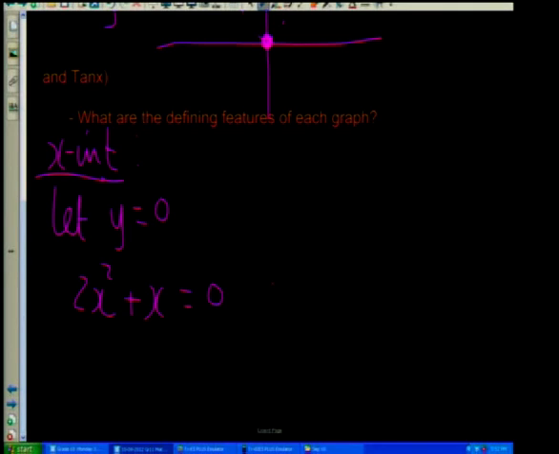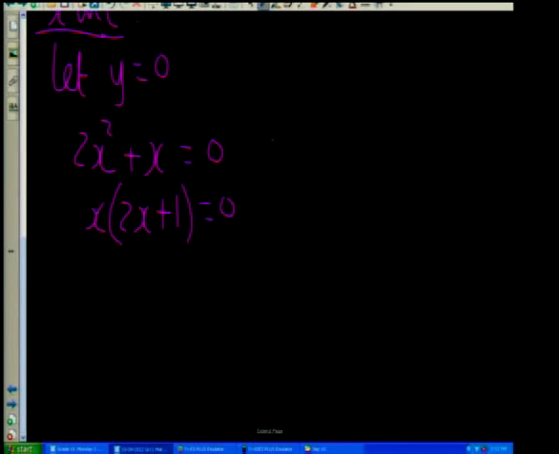Now, it is a case of factorizing there. Then we take a common factor of x, then you've got 2x plus 1 there equal to 0. Your x-intercepts will be x equal to 0 and x equals to minus half.